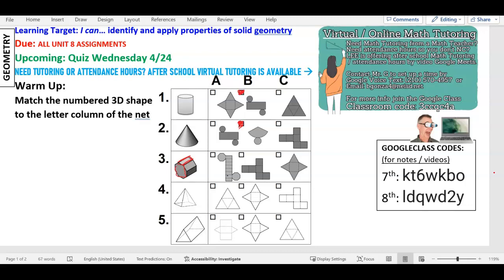So, if it was pointy at the top, it'd be a pyramid, but if it's got rectangles on the side, the other one is called a prism, okay? So again, whether it's sideways or not, if it's being connected by rectangles, that's called a prism. You can put 1B, 2B, and now we're doing 3.